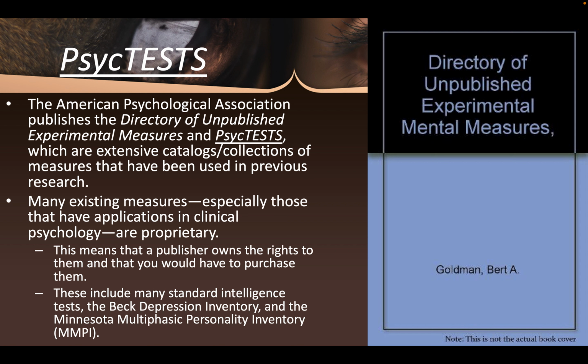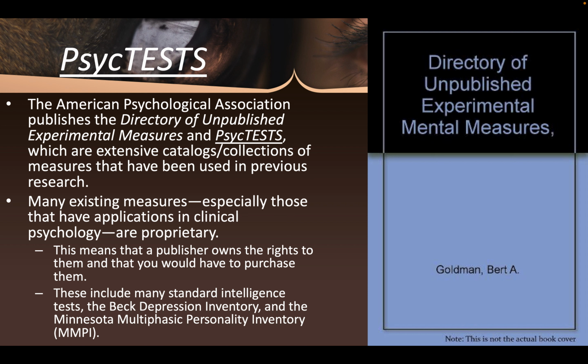This means that a publisher owns the rights to them and that you would have to purchase them. And this is what you have to do. People create these things, and then people around the world are using their measurements, and they're getting, I don't know, whatever. They will allow you to use this if you pay them, $100 or whatever.